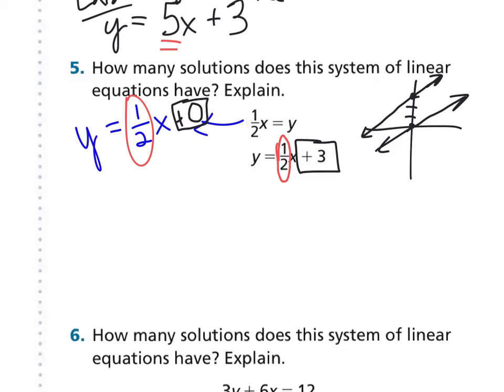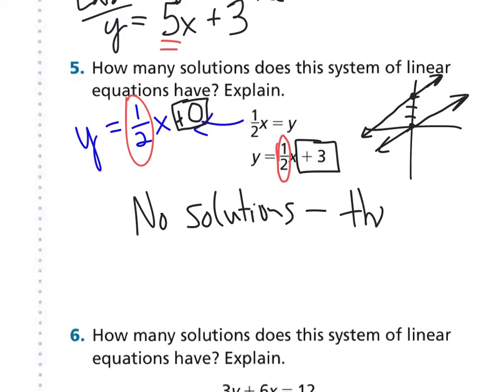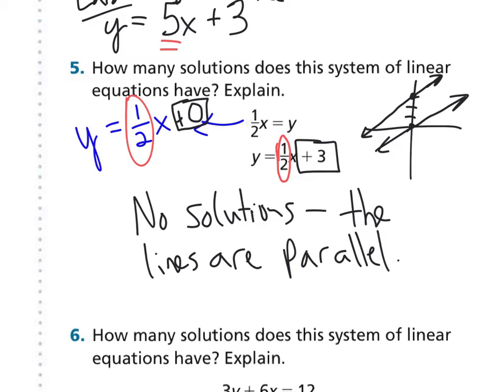These are parallel lines, which means they have no solutions. So we could say no solutions. The lines are parallel. Something to that effect.